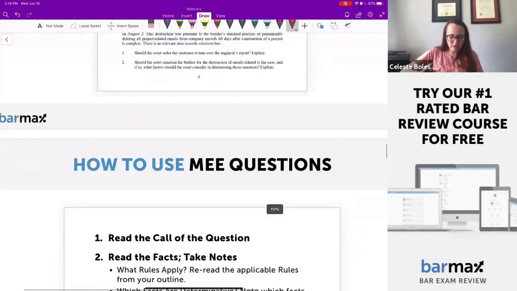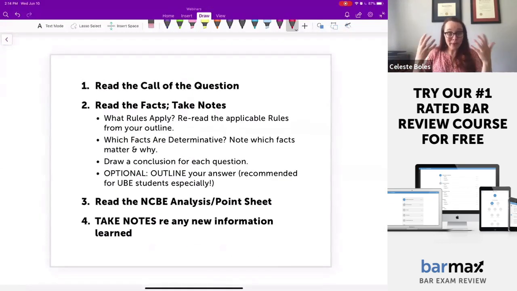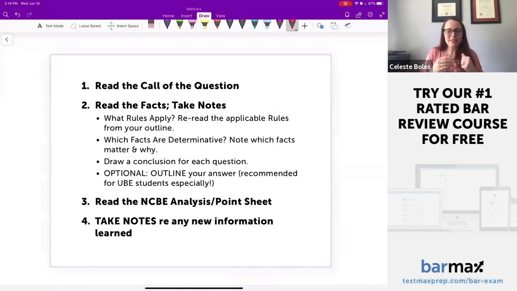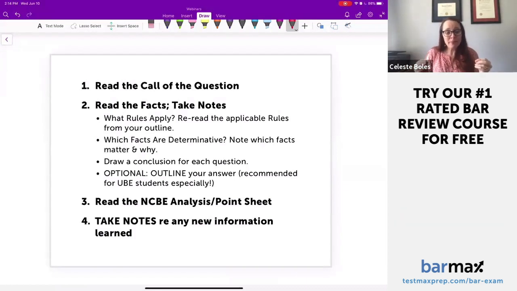But what I recommend is that we go through, we're going to do this together with this question. We're going to model this. We're going to read the calls of the question and the facts. We're going to take notes and figure out what rules apply.